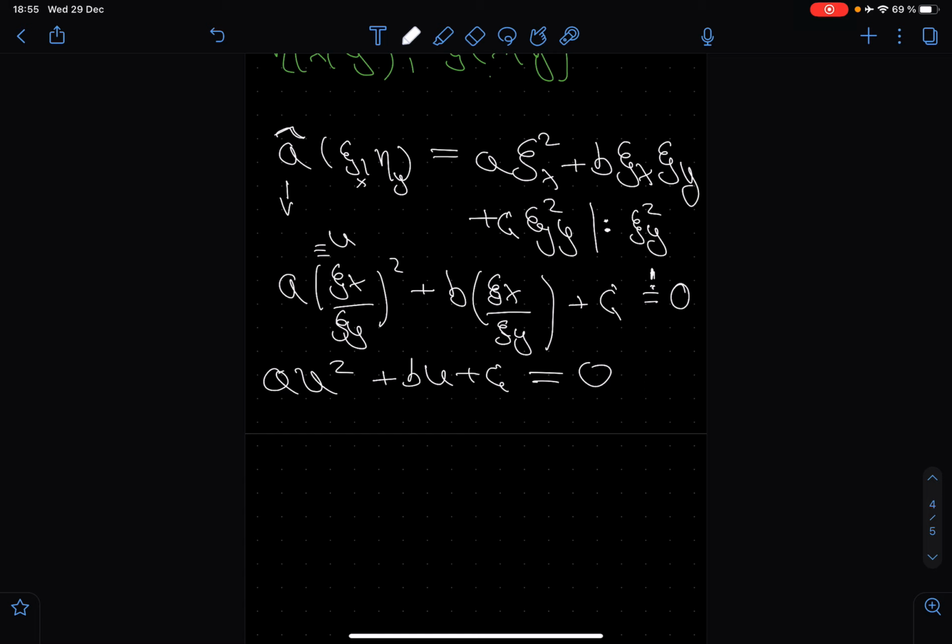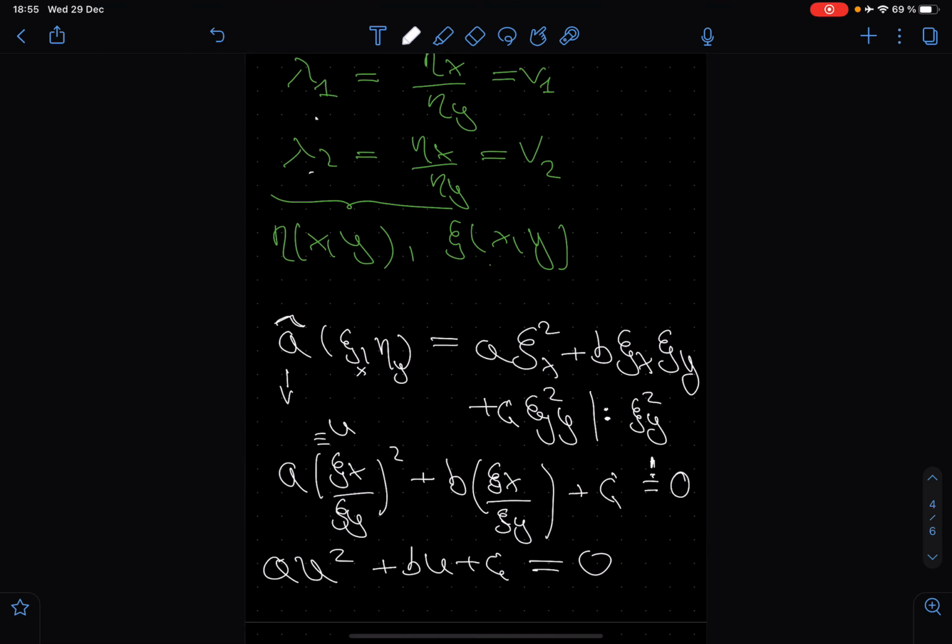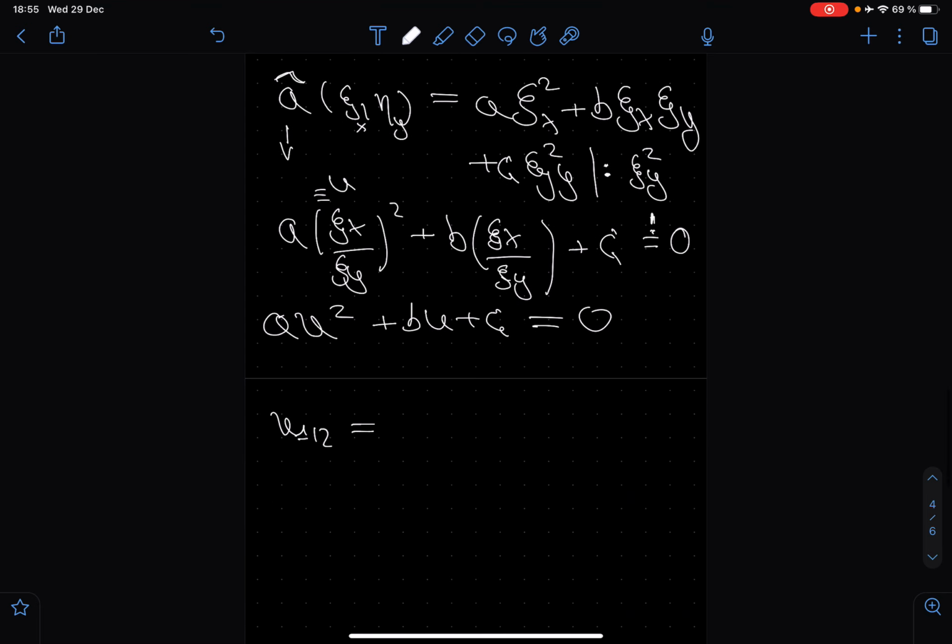That will give us values for u1, u2, the lambda values, the one here above, and this lambda value will be the same whether you call it u or v.